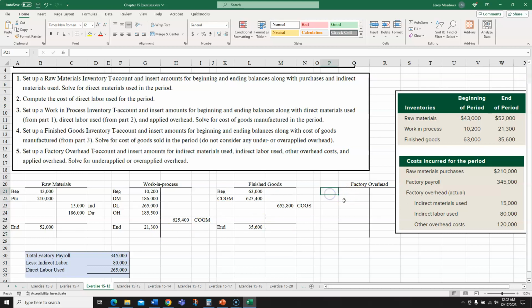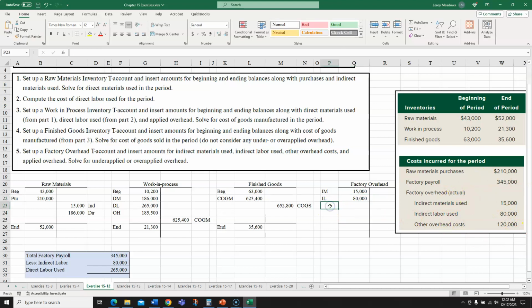So I'm going to do what? IM for indirect materials. And how much was that? We were told $15,000. IL for indirect labor, and we were told what? 80,000. I can get it from either my T accounts here or the amounts here.